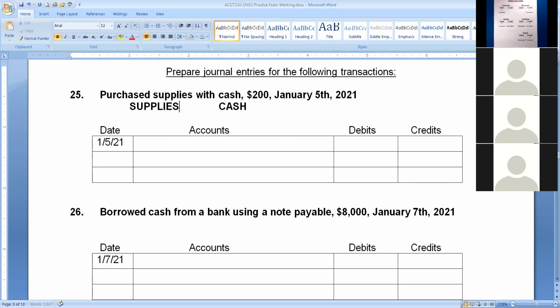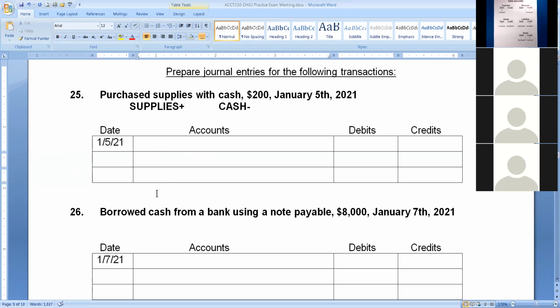And supplies is going up. Cash is going down. So the first correct entry I hear, I'll put up. What's the journal entry be?